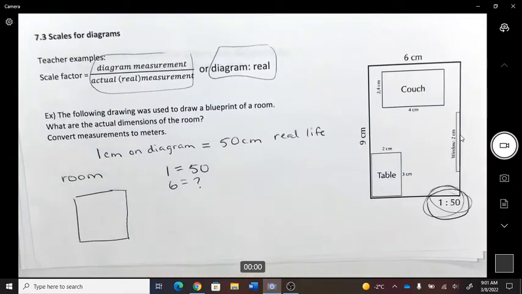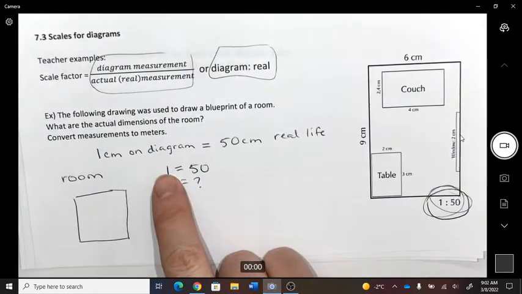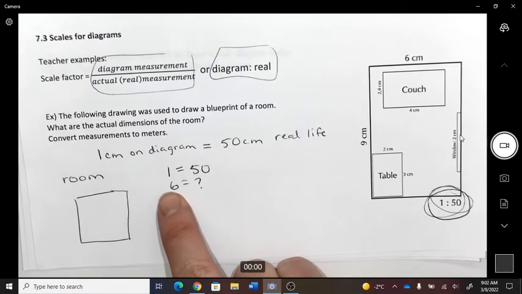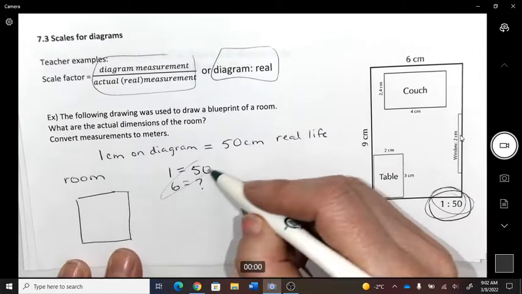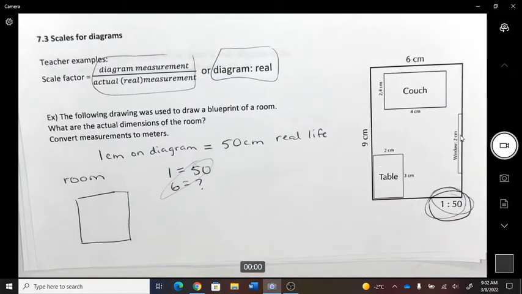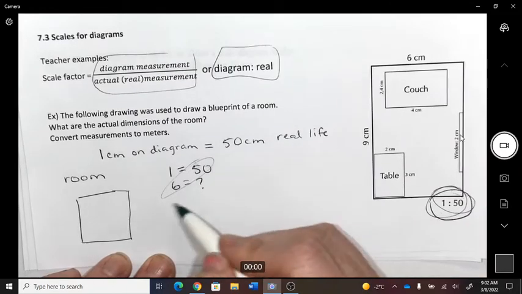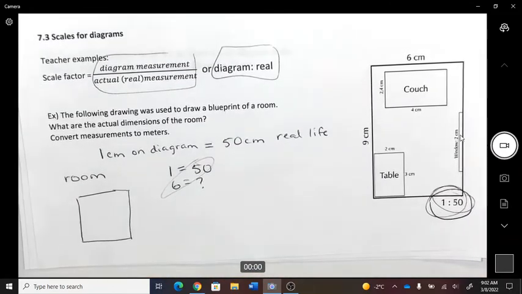This is what I'm doing: 1 on the diagram is 50 in the real. 6 on the diagram is how much in the real? And then if I cross multiply, it means I'm going to have to times it by 50. I'm not going to do that every time because it is going to be the same method. So everything, because of the cross multiply, is going to be times by 50.